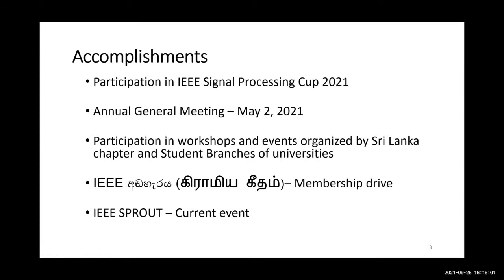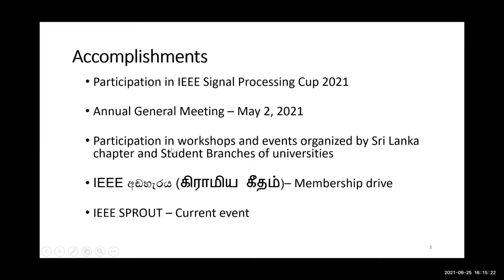So here are some of the milestones we achieved, right? In the beginning, there was a participation in an international competition, the IEEE Signal Processing Cup, and our students did well. Then we had our annual general meeting so as to formalize our activities.